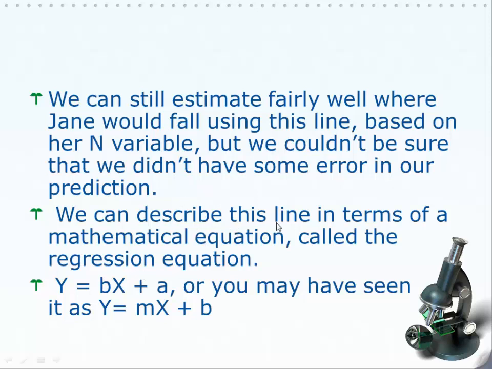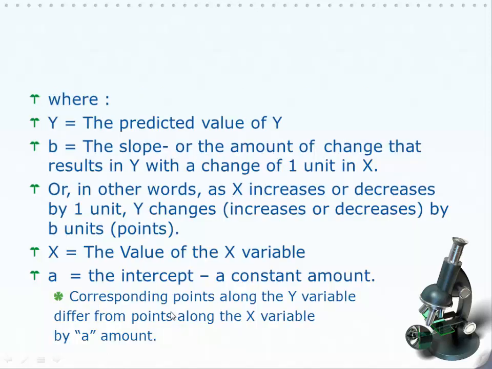We can describe this line in terms of a mathematical equation that some of you are probably familiar with. It's called the regression equation, and you may have seen it as y equals bx plus a, or you may have seen it as y equals mx plus b, where y is the predicted value of y. So that's what we don't know. B is the slope, or the amount of change that results in y with a change in 1 unit of x.